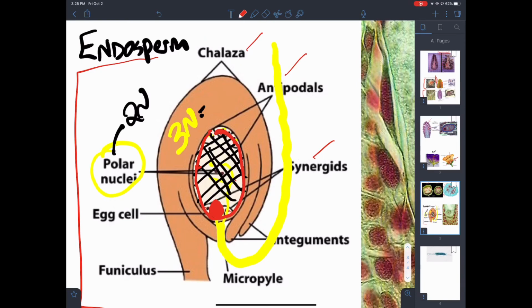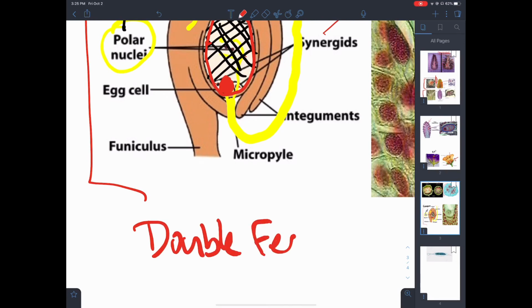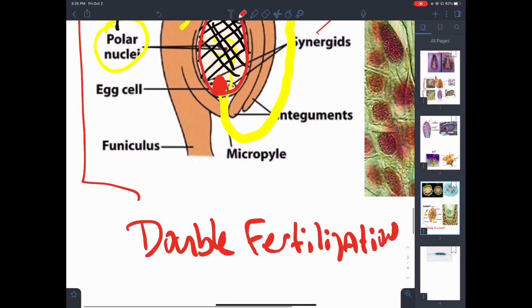If they are fertilized, then that second fertilization event creates an endosperm that then grows by mitosis to create the nutritive tissue that feeds the developing embryo. So we call that process in flowering plants double fertilization. That process gives rise to the endosperm.